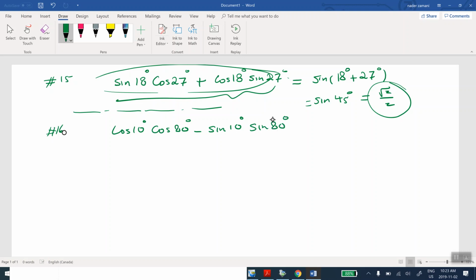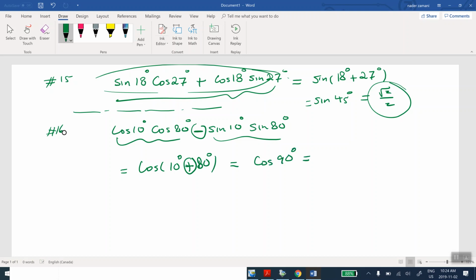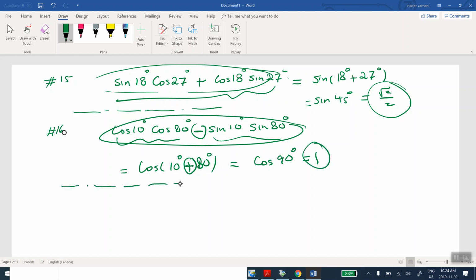If you look at your formulas, when you have cos, cos, sine, sine with a minus sign in between, this is coming from cosine of 10 degrees plus 80 degrees. When this is minus, it means that over here it was a plus. This is cosine of 90 degrees, and this is 1. Once again, if you put this in your calculator, you should get 1 or extremely close to 1.